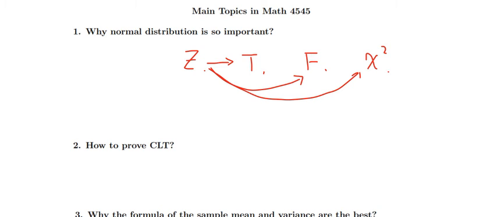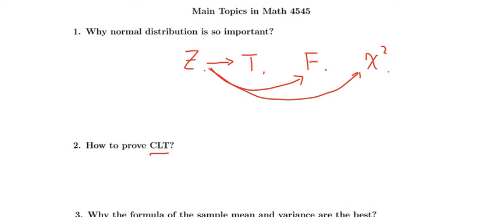So we will understand why the normal distribution is so important. The reason is that many things themselves are normal. The other reason is we have the central limit theorem. Another reason is some other distributions are close to normal.